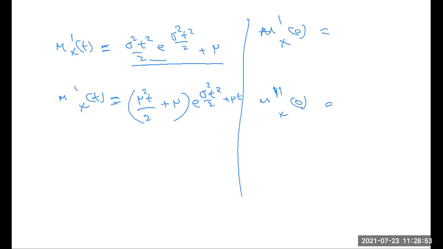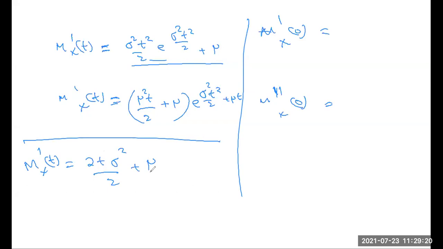Any other group with a different solution from these two? Yes, Patel. We got 2t sigma squared over 2 plus mu.